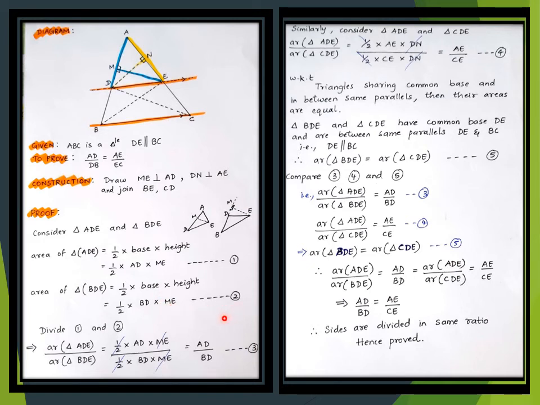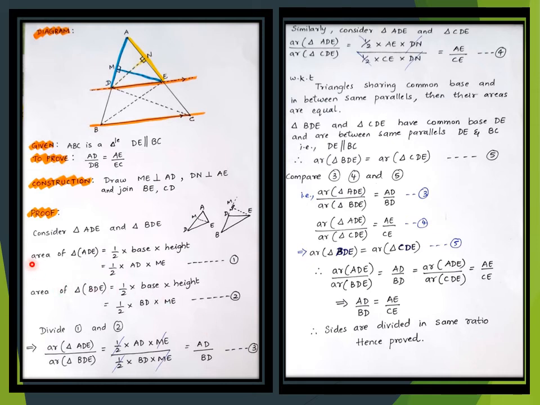Hope it is clear so far. We have applied the area of triangle formula for these two triangles by finding out the base and height of these two triangles. Name them as equation 1 and equation 2. Now divide equation 1 and equation 2. Please remember, whenever you are dividing two equations, divide LHS by LHS and equate that to RHS by RHS.